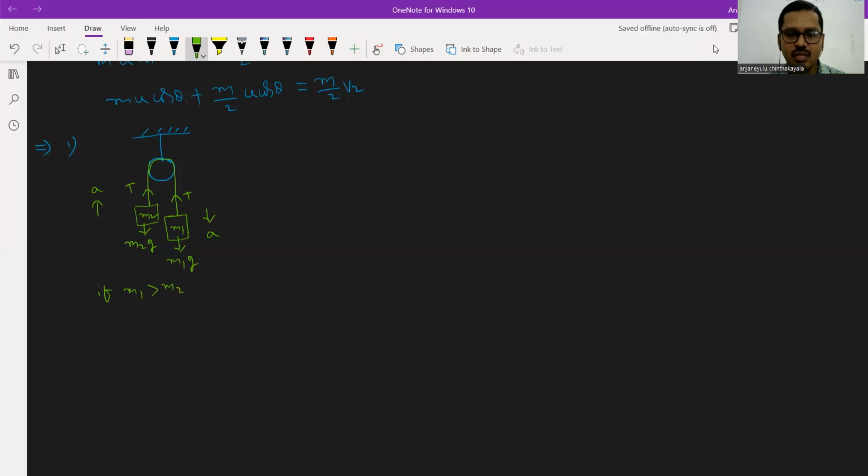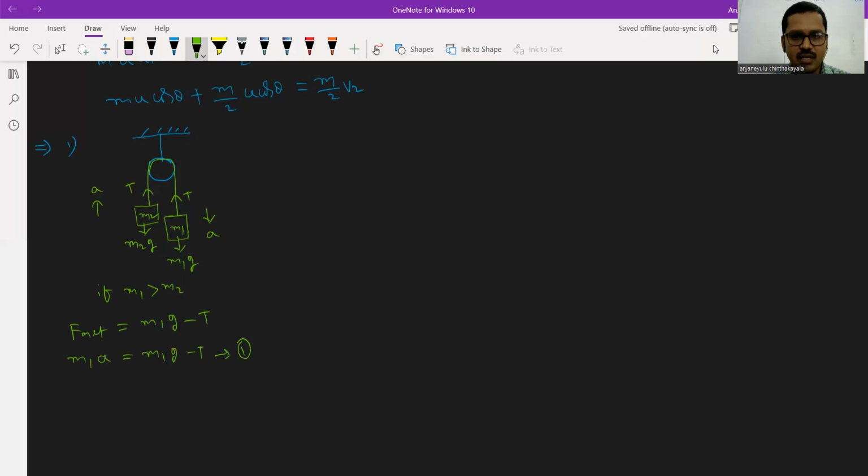That direction of force I am taking as positive. Therefore the net force acting on the first block is equal to M1G minus tension T. But net force, according to Newton's second law, is mass into acceleration. Then M1A is equal to M1G minus T.